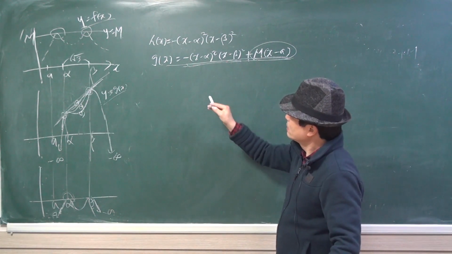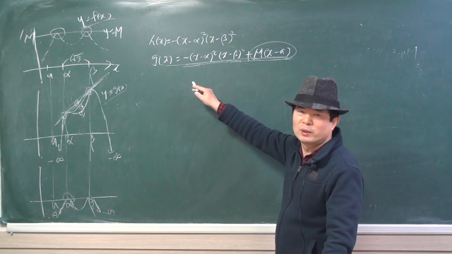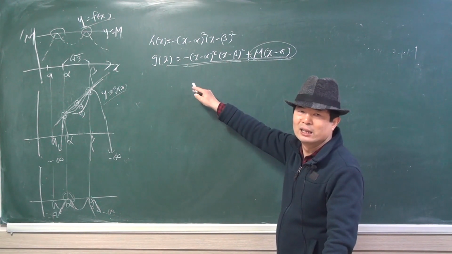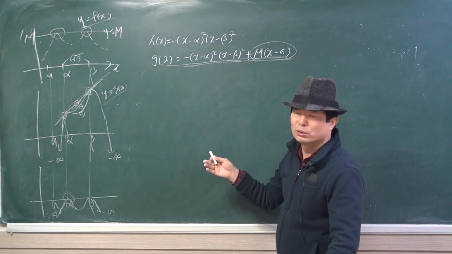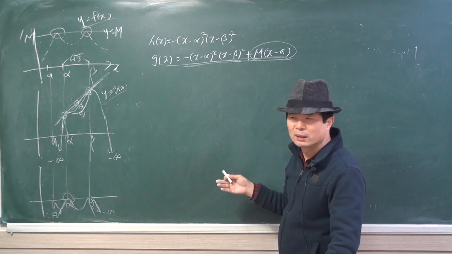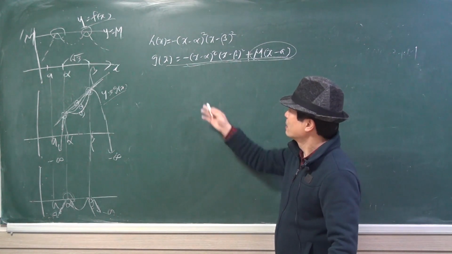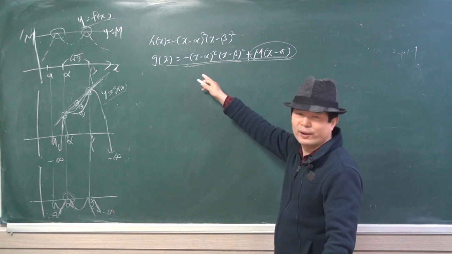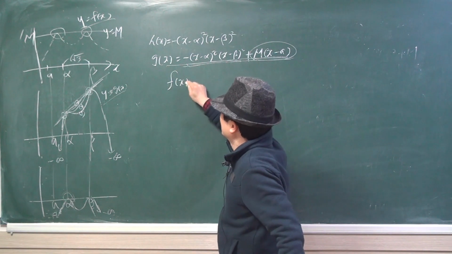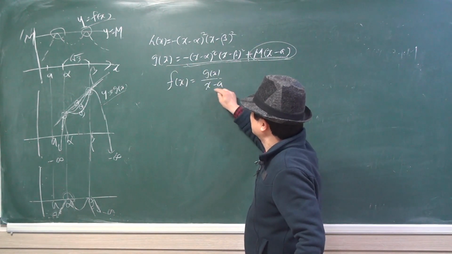So the problem also says there are fewer extremum points in g than f(x). We should determine how many local maximum or minimum points there are in f(x). So we go back to f(x). f(x) equals g(x) divided by (x minus a).